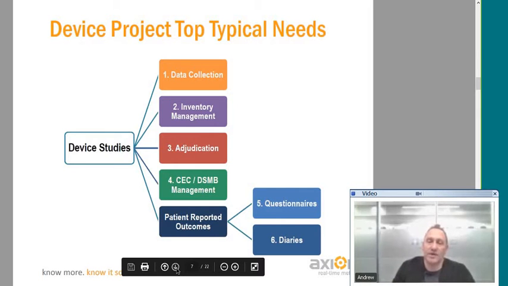We then very often need to adjudicate information that we gather, so images, reports, and so forth, in a blinded or unblinded fashion. We need to, of course, handle CEC and DSMB management, and very often we have patient-reported outcomes, which involve, obviously, questionnaires at the clinic level and diaries that the patients are taking home.